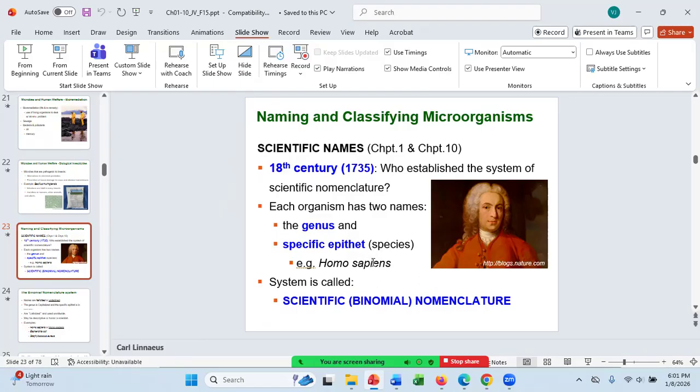But to name the specific species, you need both. So this is also called the binomial nomenclature, because each species has two names. Any question about any of that?